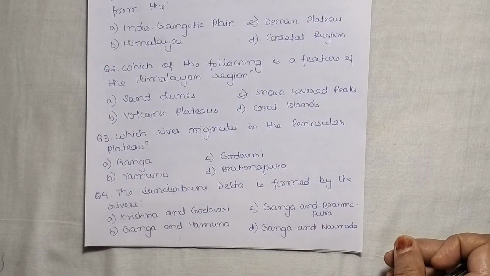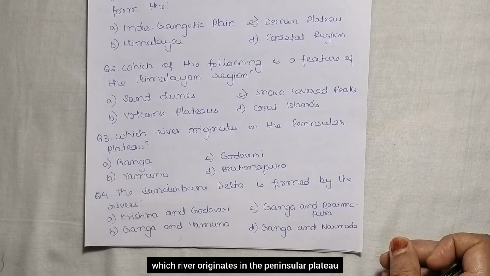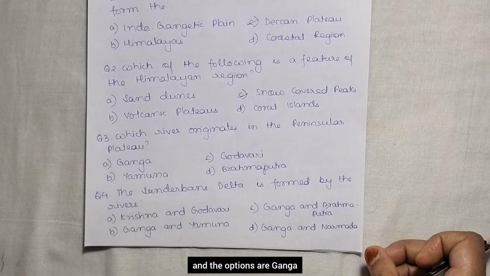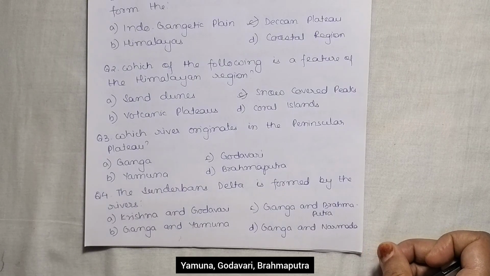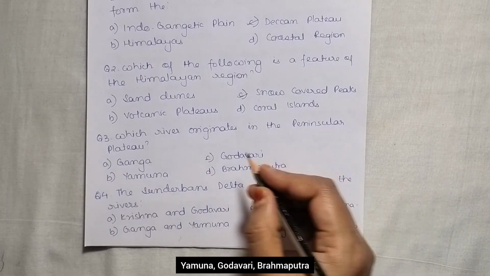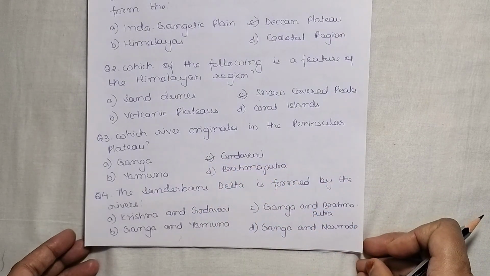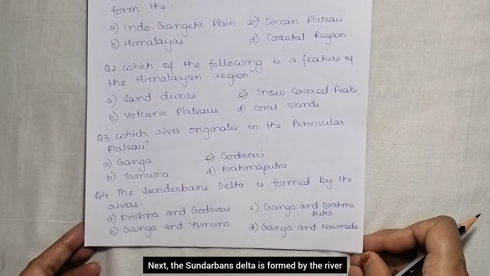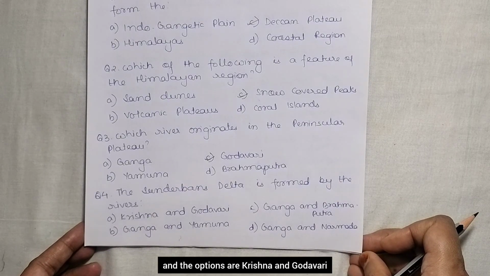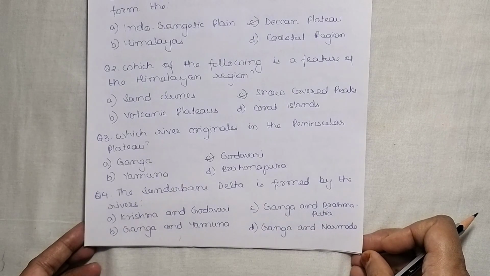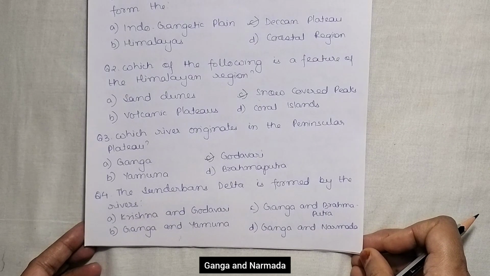Next question is, which river originates in the peninsular plateau? The options are Ganga, Yamuna, Godavari, Brahmaputra. Godavari is the correct answer. Next, the Sundarban delta is formed by the river, and the options are Krishna and Godavari, Ganga and Yamuna, Ganga and Brahmaputra, Ganga and Narmada.